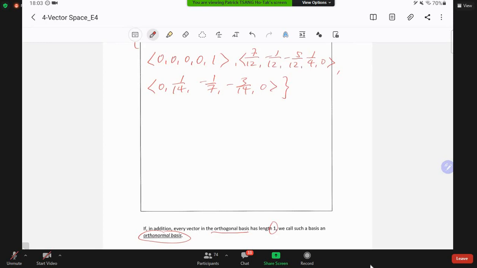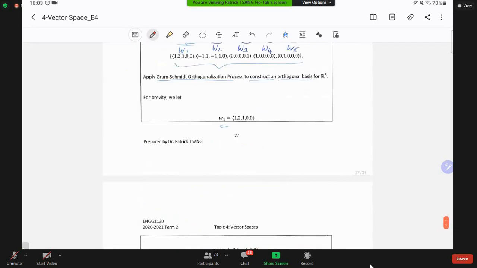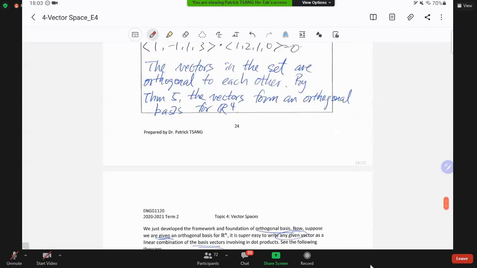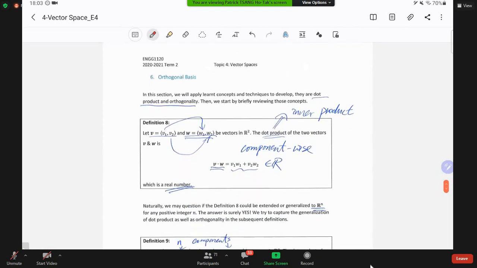As usual, I'm going to show you all of the pages covered today. Yes, this page.